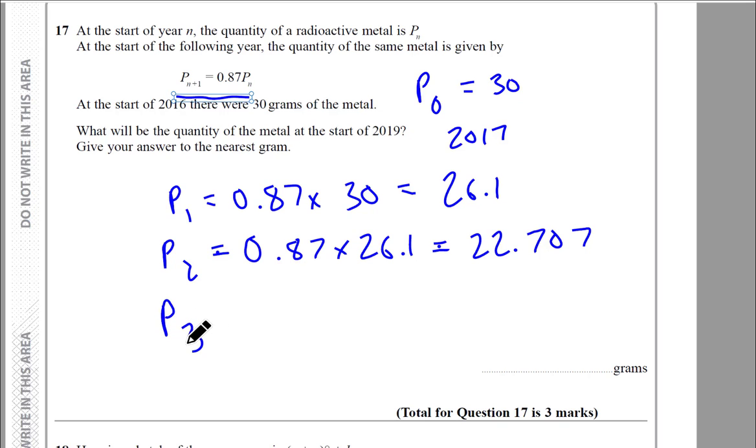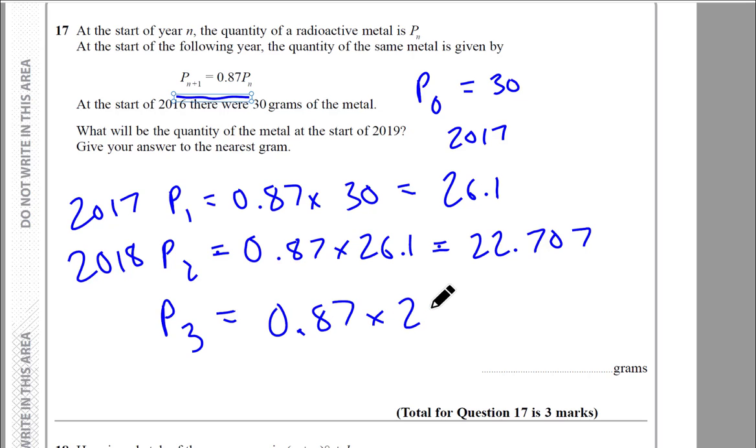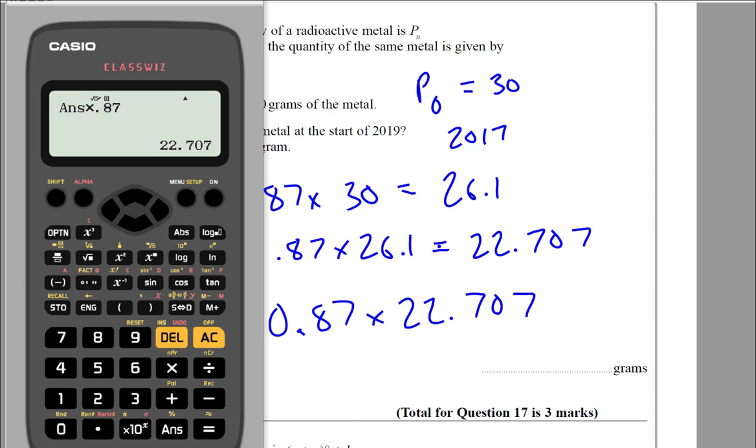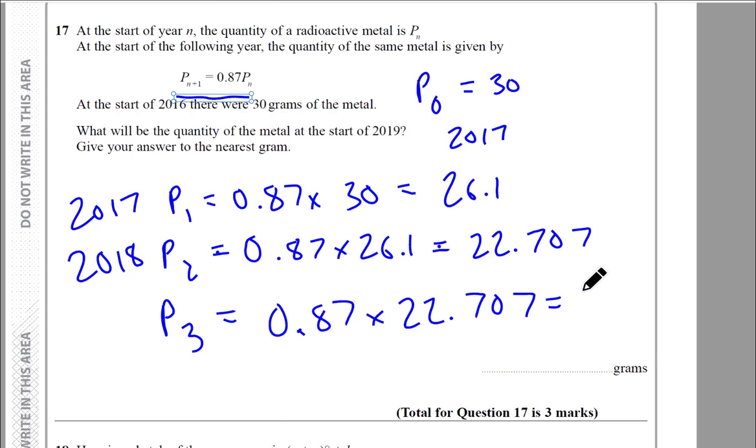So this is going to take us to P3, because if you think, that's 2017, that's 2018, so 2019 is going to be 0.87 times 22.707, which equals 19.77509.